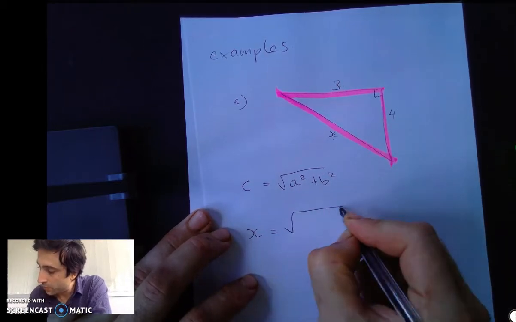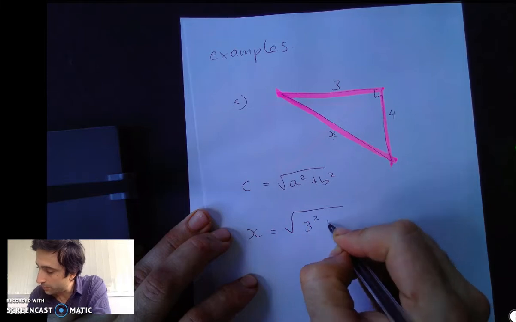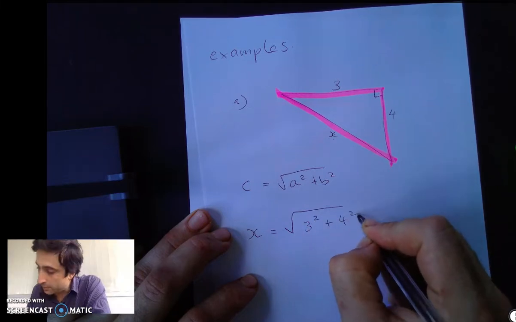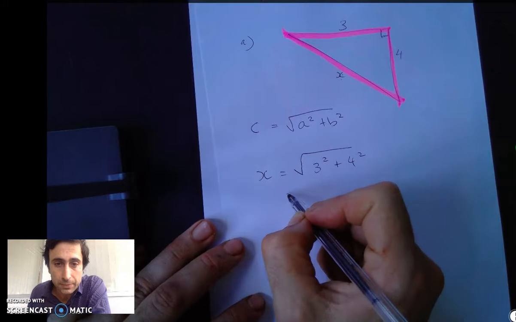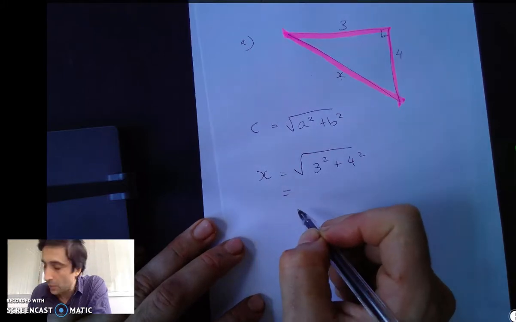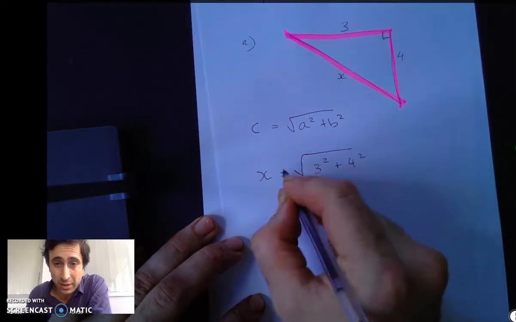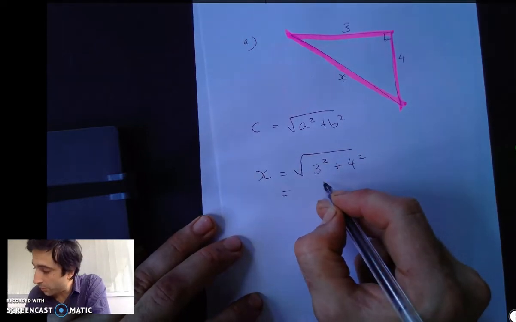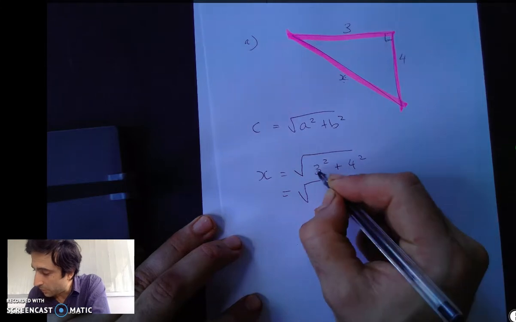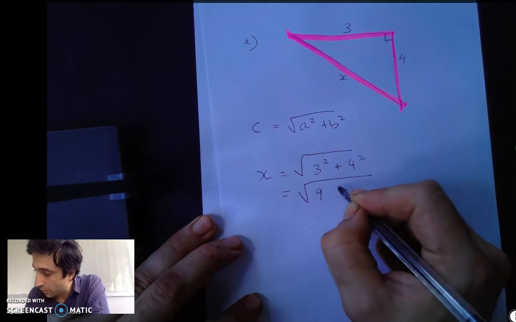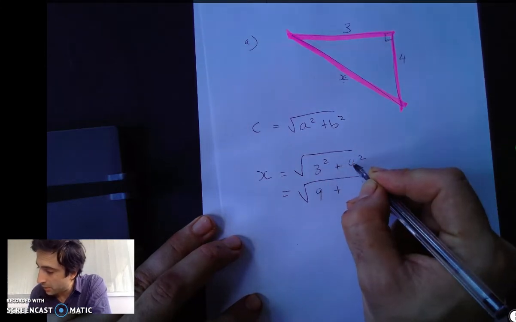the square root of 3 squared plus 4 squared. Now we put our equal sign underneath, and we evaluate that, or in other words, find out what that actually equals. So that's the square root of 3 squared, which is 9, plus 4 squared, which is 16. Let's keep on going.